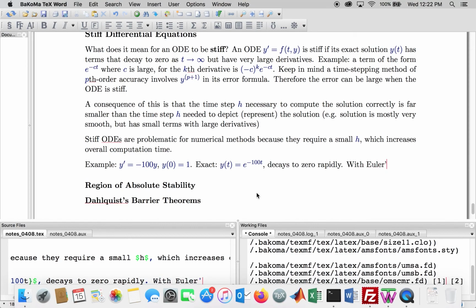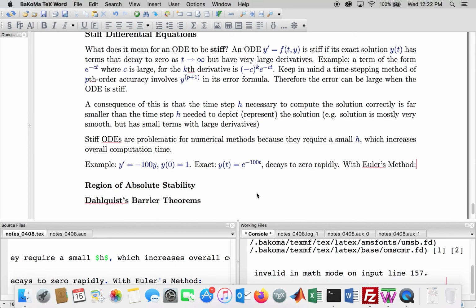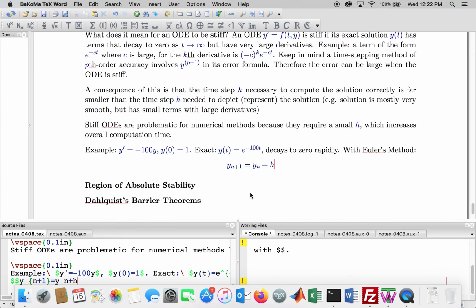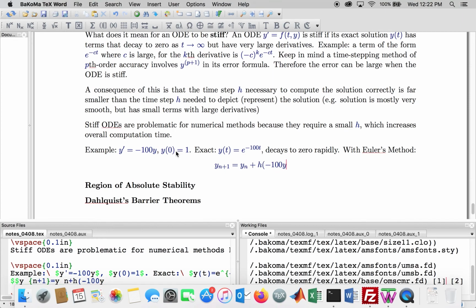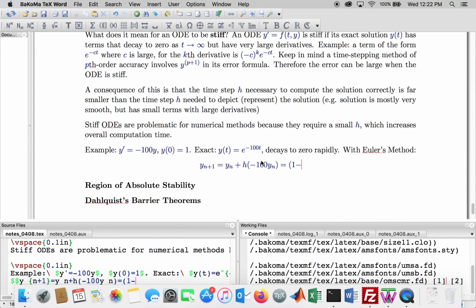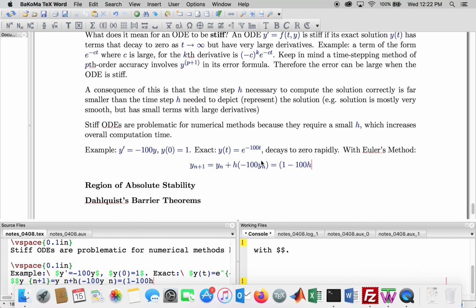Let's consider Euler's method applied to this problem. So y_{n+1} is equal to y_n plus h times my function f(t,y), which is minus 100 y_n. I can factor a y_n out and get (1 minus 100h) times y_n. So to go from time n to time n plus 1, I'm just multiplying by 1 minus 100h.